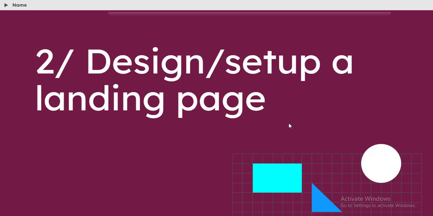So you don't need to host, you don't need to renew your hosting, you don't need to renew your domain name, nothing. You simply go to their website, create your landing page, run your ad to that landing page, and sell.